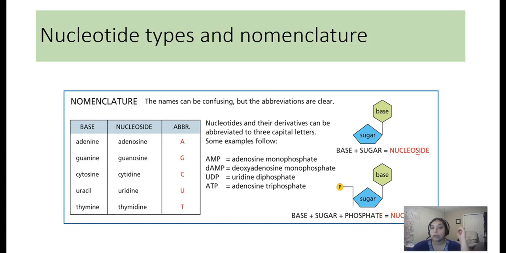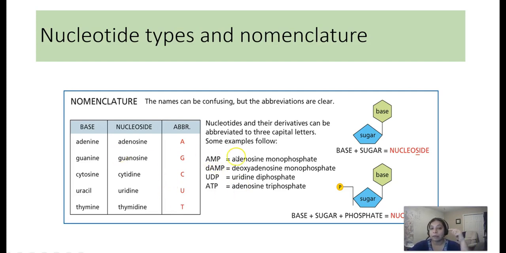The nucleotides and the derivatives are abbreviated again similarly by the capital letters. So the nucleotide associated, for example, with adenine would be adenosine because it's the nucleoside, and then the phosphate: monophosphate if it's just a single phosphate, diphosphate if there are two, triphosphate if there are three.